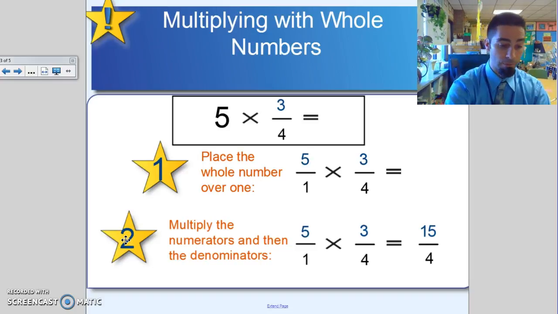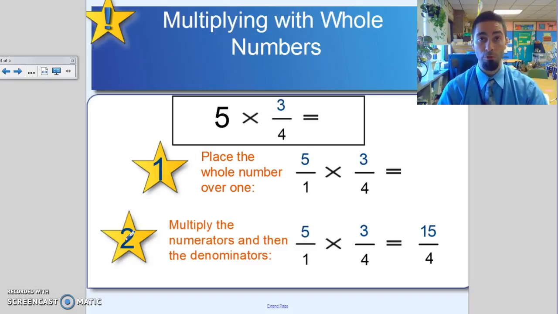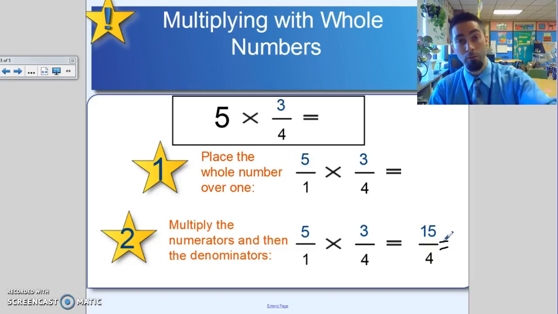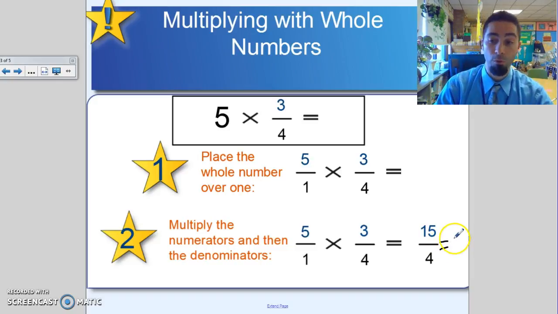Now from this, we can then follow a third step, and that is to reduce. And in this case, reducing would be converting our improper fraction, because we have a larger numerator than denominator, and turning it into a mixed number. So in this case, we would do 15 divided by 4. So 4 goes into 15 3 whole times, because 4 times 4 is 16, so that's 1 more. So 3 times 4 is 12, so that means it's 3 wholes.